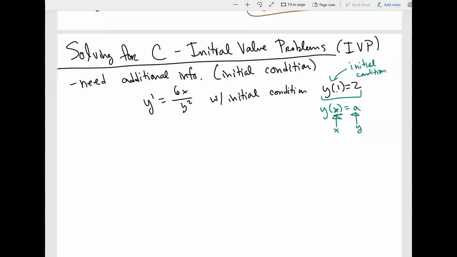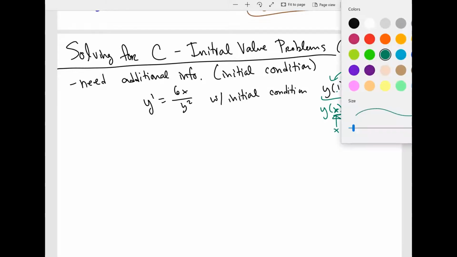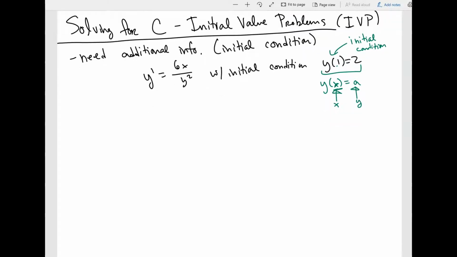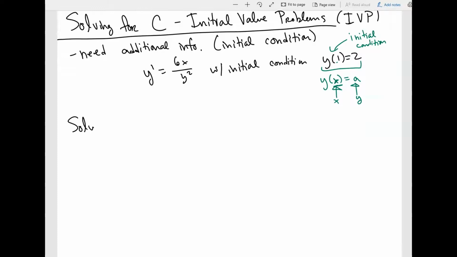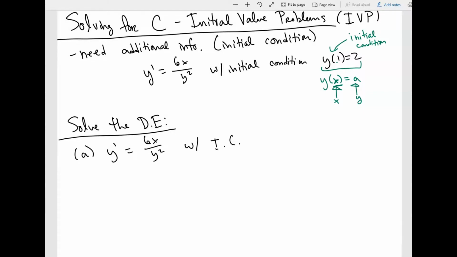So let's solve the differential equation, and we're going to start off with the one that we just had: y prime is equal to 6x over y squared with initial condition, I'm going to write just IC for initial condition, y of 1 equals 2.